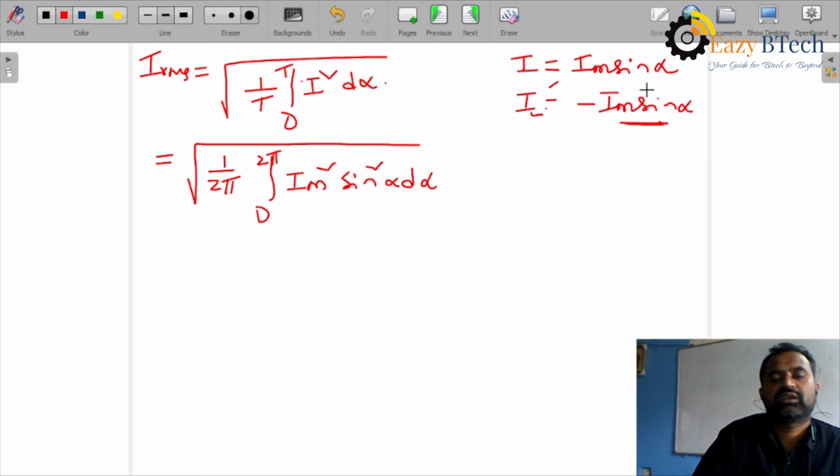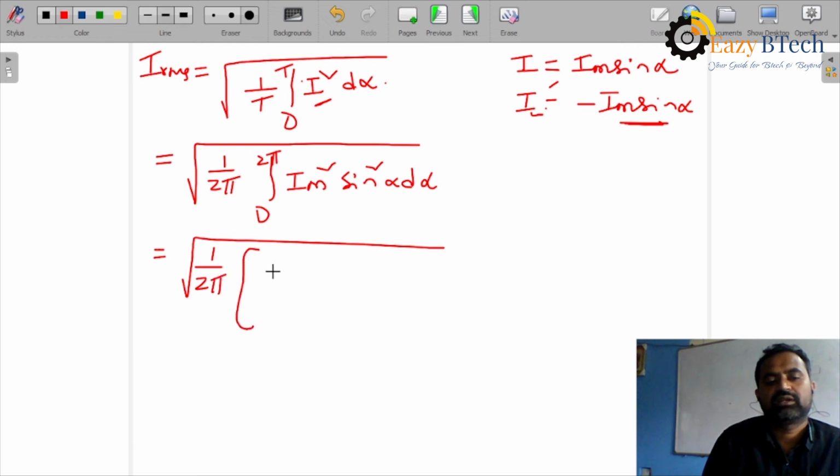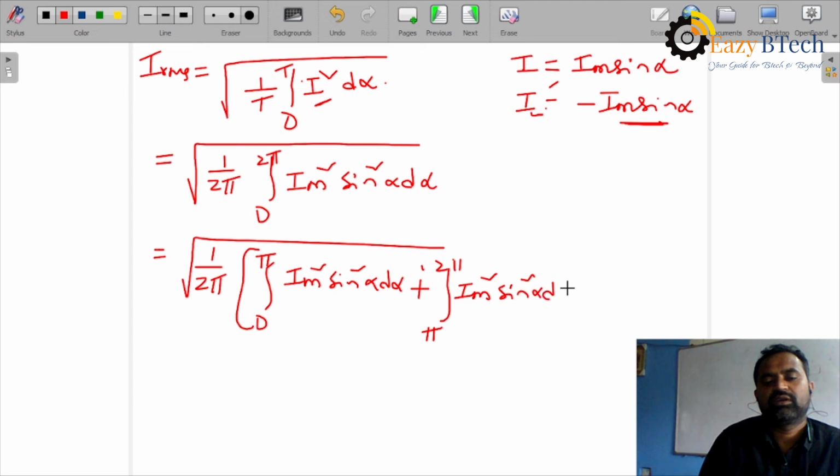Where it is a square, it never shows any minus, because minus 1 whole square is 1 only. Like that, I square. Within a square, the value of minus becomes plus. Now, while you are substituting, under root 1 by 2 pi, integral 0 to pi Im square sin square alpha d alpha plus pi to 2 pi Im square sin square alpha d alpha. Now we will write under root 1 by 2 pi.